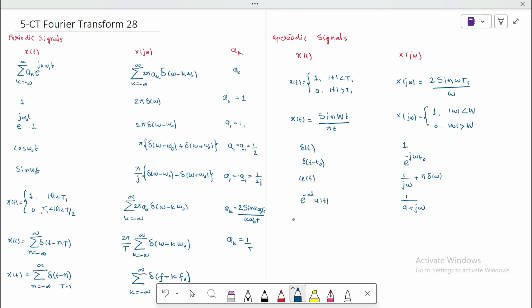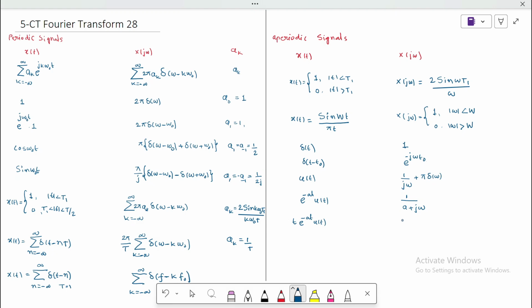Now I would like to multiply t to the above signal. We know that once t is multiplied to any signal, that is nothing but j into d by d omega of its Fourier transform. Its Fourier transform equals 1 by a plus j omega.